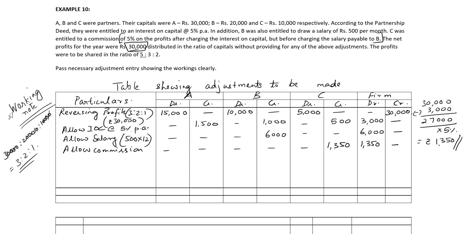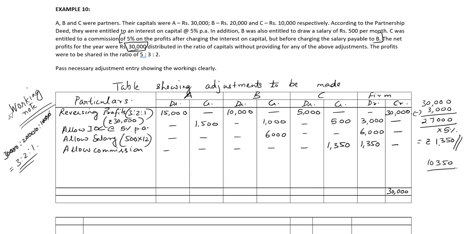Now we've corrected all the errors. We will balance the firm. The greater total is 30,000. We need to subtract the total of the debit from this amount. The total of the debit comes to 10,350.